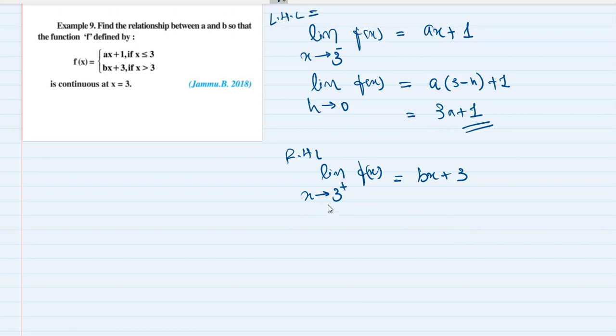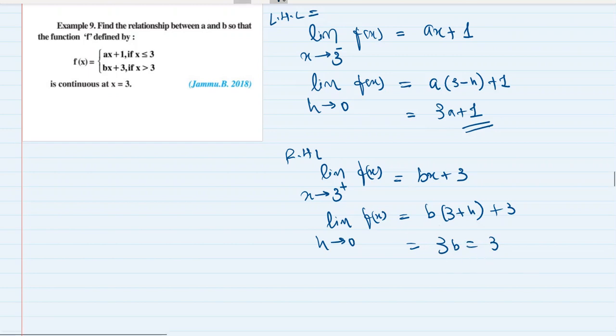Now limit h tends to 0 of f of x in this case will become b bracket 3 plus h plus 3. That is, h will become 0 and this will become 3b plus 3. Okay, so 3b plus 3. Now 3b plus 3, not 3b equal. Sorry.